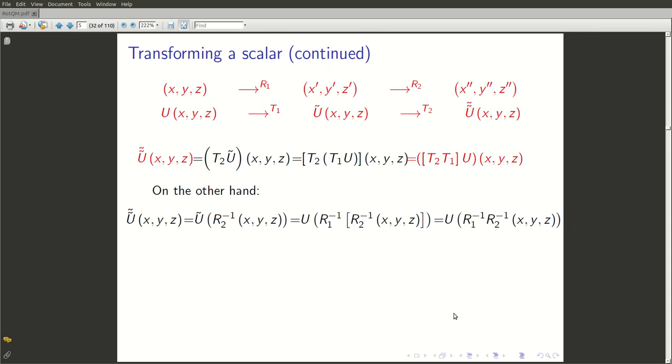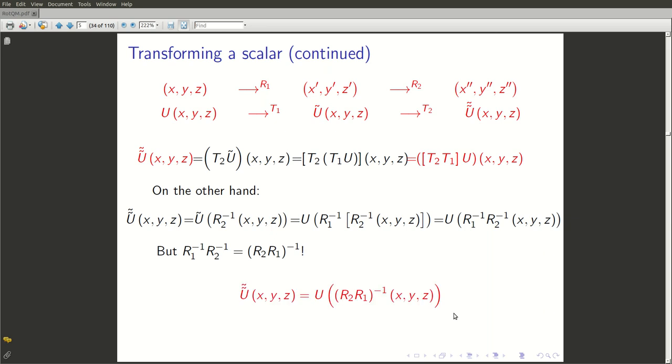Remember, if you want to wear your shoes and socks, you wear the socks first, then you wear shoes, but when you take them off, you have to take off the shoes first, then you have to take off the socks. So in order to undo the effect of R2 R1, you actually have to apply R2 inverse first, then apply R1 inverse. So R1 inverse R2 inverse is actually the inverse of R2 R1.